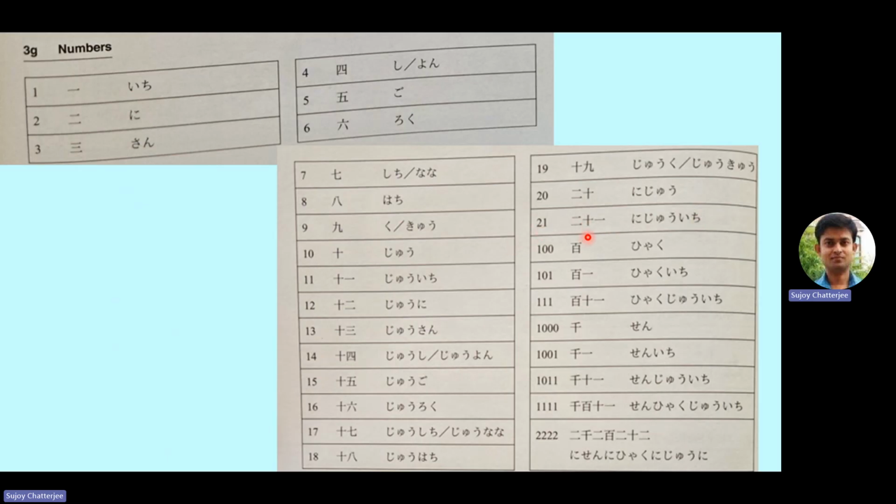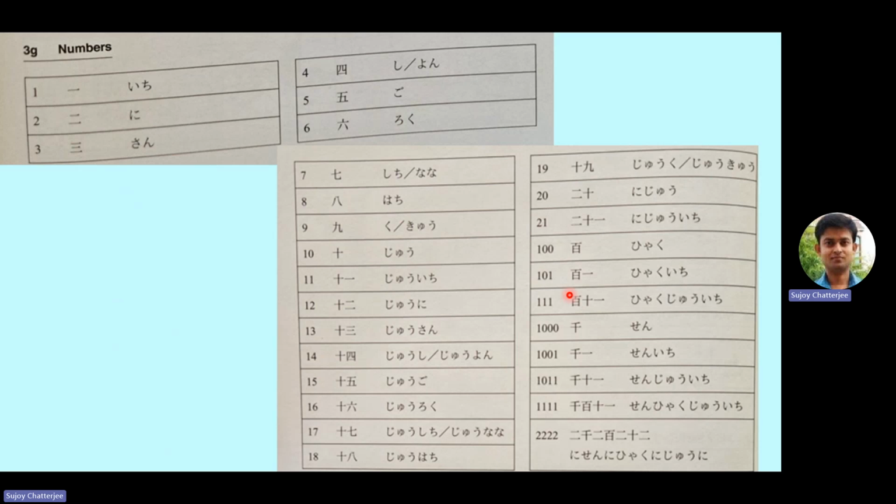So now three symbols are needed to represent 21. So you can say this is a disadvantage in Japanese, obviously, because just to write 21, you have to write three symbols. And 21 is niju ichi. Then 22 will be niju ni.